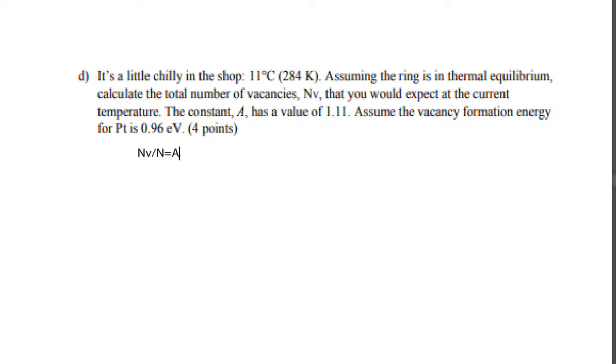Multiply that by e to the power, let me just put in the superscript to make this a bit more tidy. It would be EA divided by KBT, because we are dealing with atoms, not moles. So we use KB.